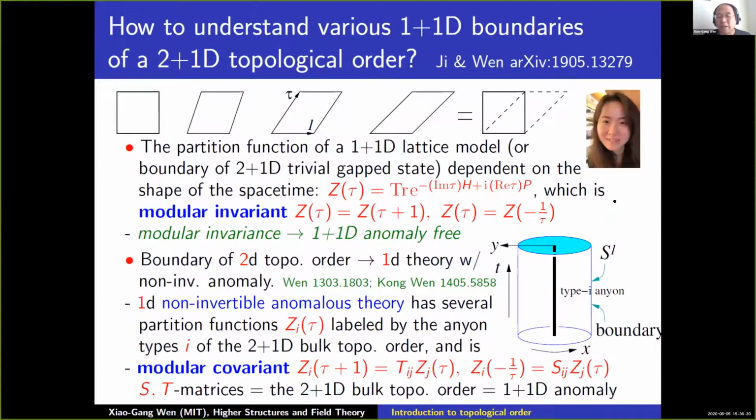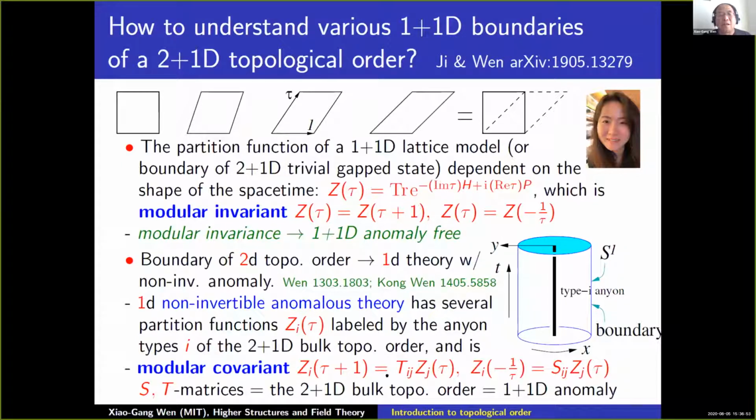So the degenerate ground states correspond to this multi-component partition function, which in turn is modular covariant, and this modular covariance is a generalization of modular invariance.